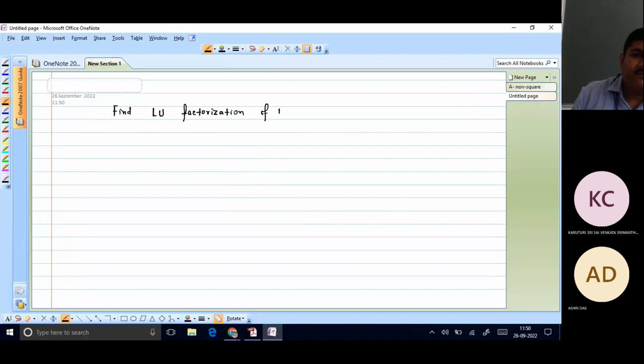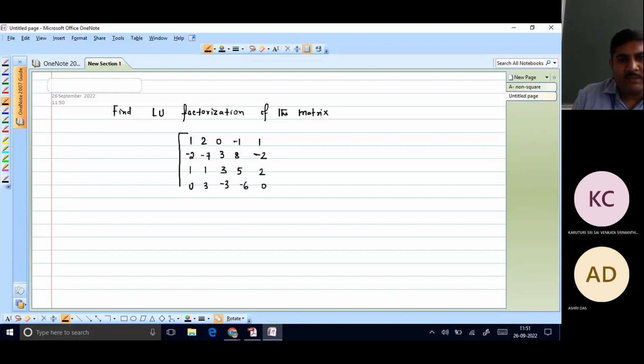My matrix is: 1, 2, 0, minus 1, 1; minus 2, minus 7, 3, 8, minus 2; 1, 1, 3, 1, 1; 3, 5, 2, and finally 0, 3, 3, minus 6, 0. So you can see the size of this matrix A.